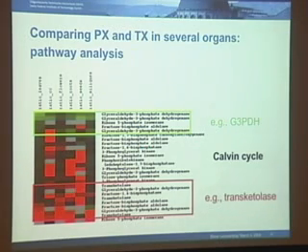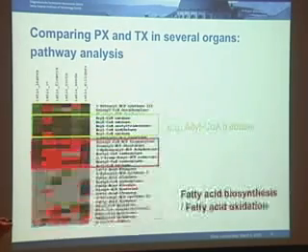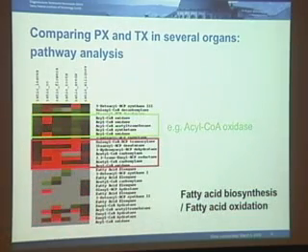Often it's also various isozymes from the same gene family that fall into this pattern. And one last example here, fatty acid biosynthesis, acyl CoA oxidase. You have 3 isozymes here. They follow a very similar pattern.